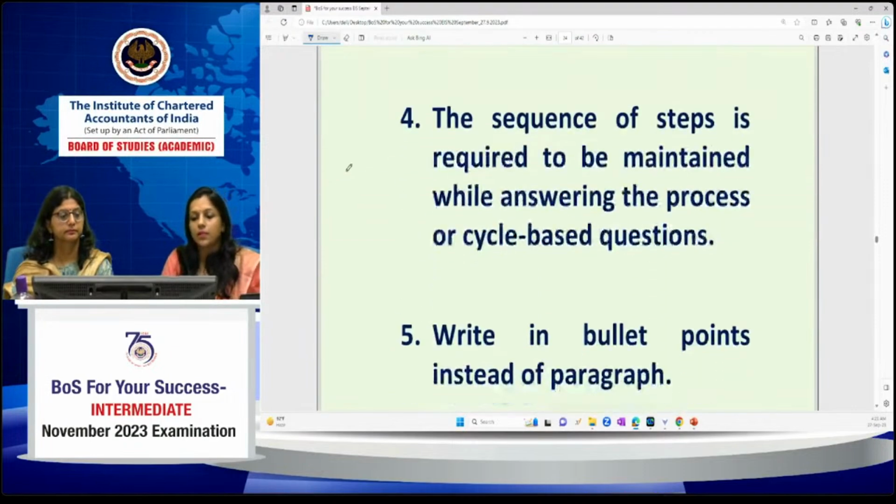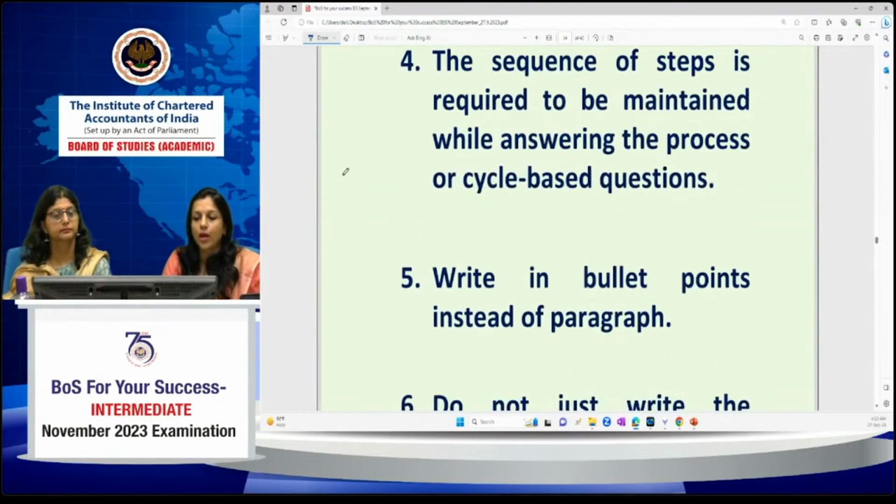The next is that the sequence of steps is required to be maintained while answering a process or cycle based question. As I indicated, suppose there are 12 points and the question comes for a maximum of 6 marks, you can prepare 7 to 8 points. But suppose a question comes which is a process based or cycle based question, and that process itself has 8 steps. Then you have to write all 8 steps, and that too in sequence.